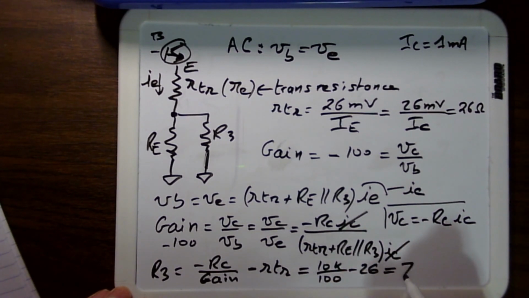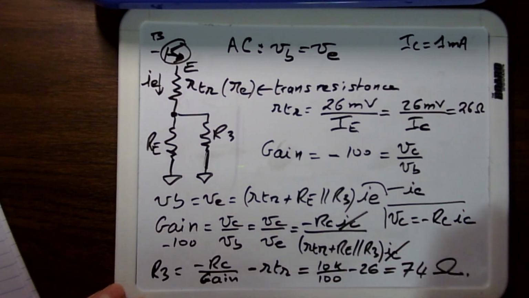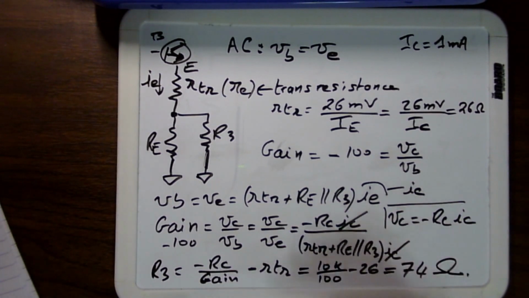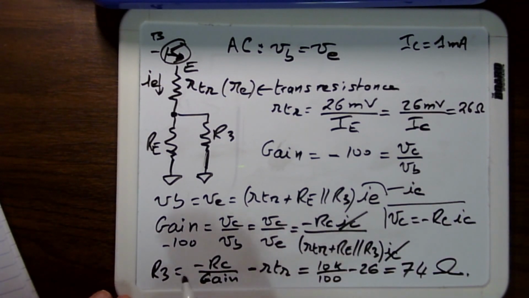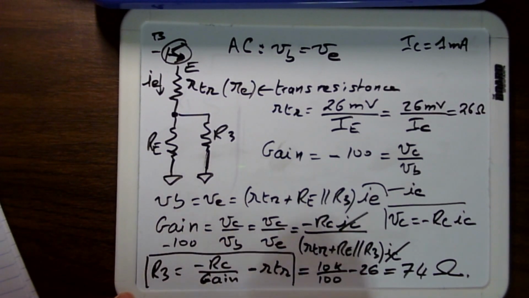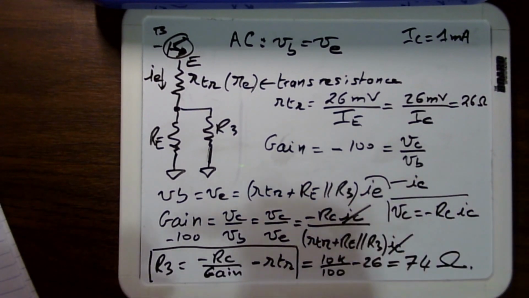It gives you 74 ohms for R3. So this is the equation for R3, the important one. Okay, so that gives us R3.